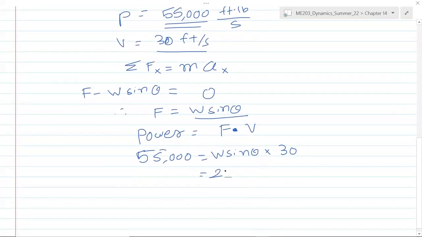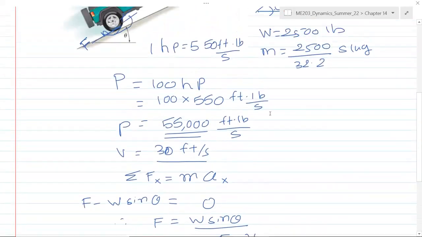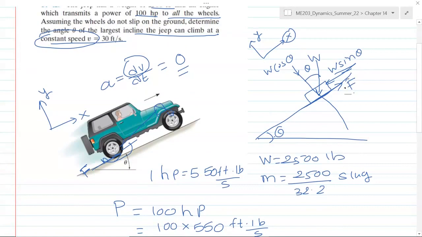We know the weight of the jeep, which is 2500 pounds. So it's 2500 multiplied by sine theta multiplied by 30 equals 55,000. P equals F multiplied by V. We are not using cosine theta here because the force we have defined is parallel to the displacement, so F and V are in the same direction.